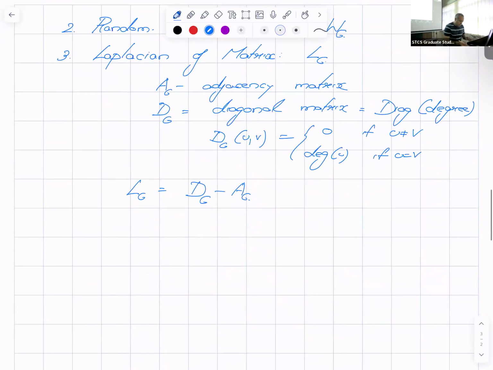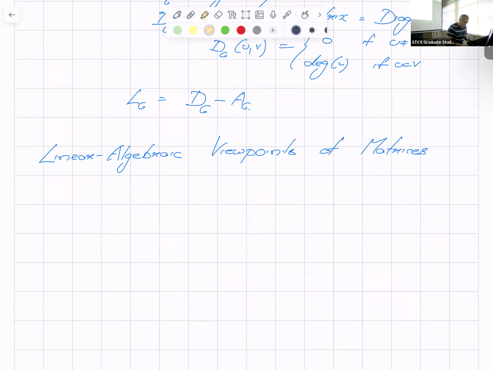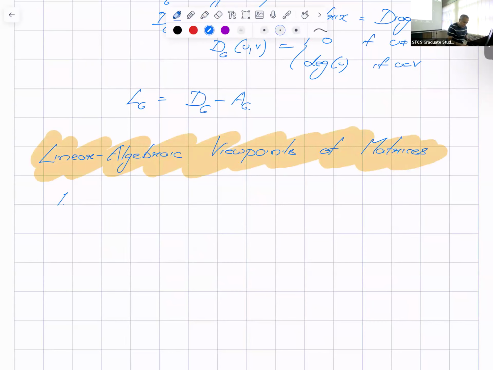So we're going to ask about linear algebraic viewpoints of matrices. The first will be that it is an operator corresponding to a linear transform.